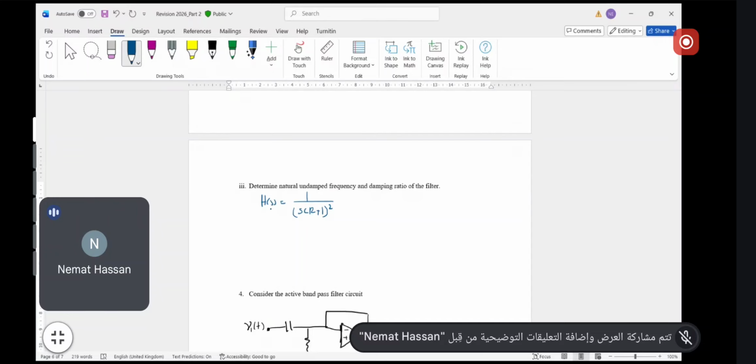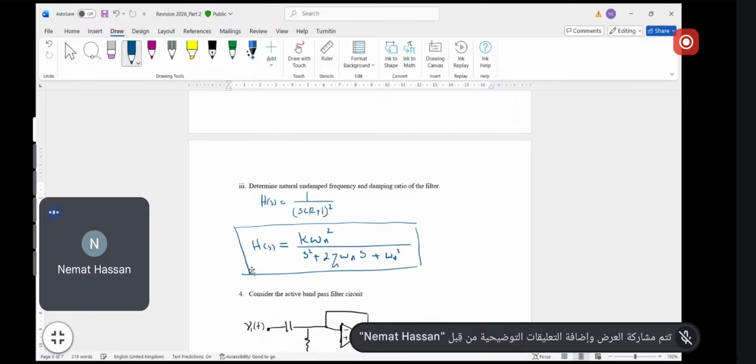And we said that the standard equation for the second order system is in the form of omega n squared times k divided by s squared plus 2 zeta omega n s plus omega n squared. So this is the standard form of a second order system, right?